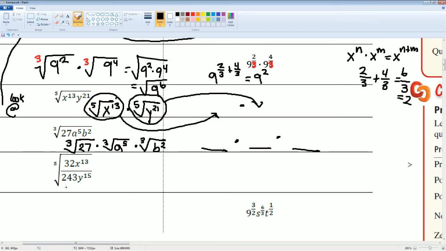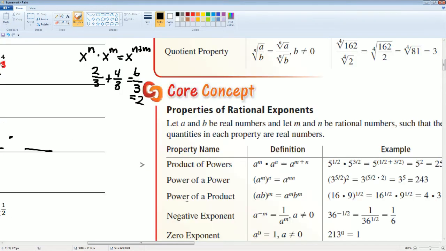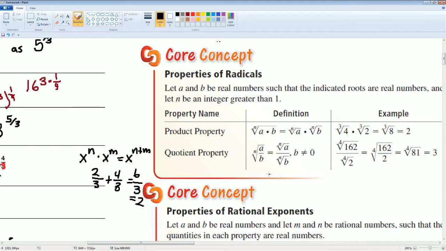This one, I can do it for you. All right, so what we know here is that you can split the radical with tops and bottoms.